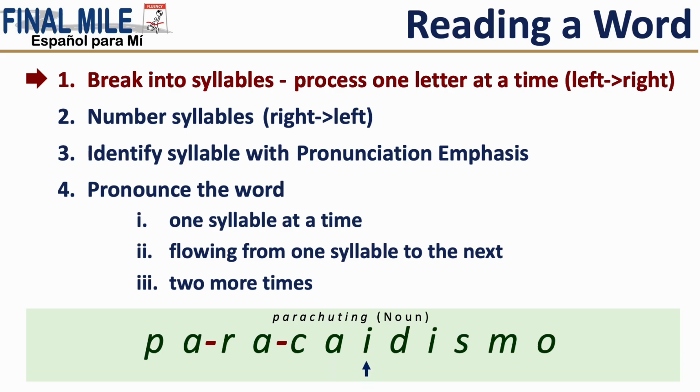Is it weak? Yes, it is, so we cannot separate it from the strong vowel. There is a consonant and another vowel. So one consonant between two vowels, we know how to separate that. Consonant, consonant, vowel. That tells us where to separate, right here between the S and the M. So we have broken the word into syllables. We number the syllables right to left.